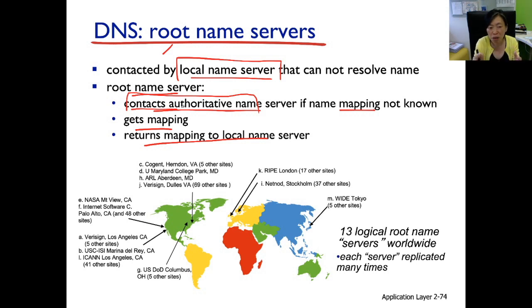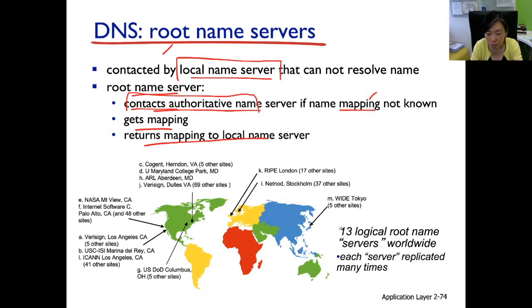There's a certain way of rerouting the query until it reaches the authoritative name server. The authoritative name server is really the one containing the name and IP mapping. Okay, the top level knows the second level. Second level knows the authoritative servers. Only the authoritative name servers know the exact mapping.